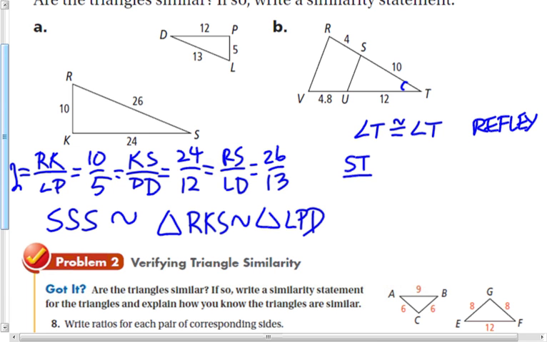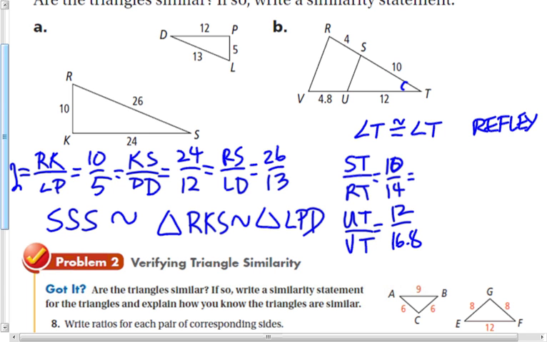ST over RT is equal to 10 over 14. UT over VT is equal to 12 over 16.8.